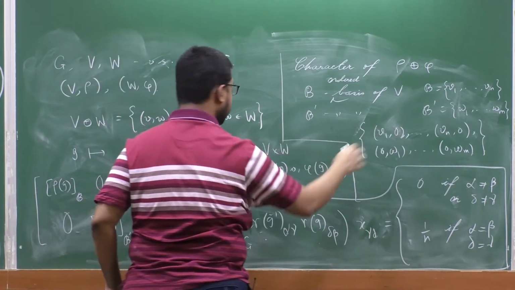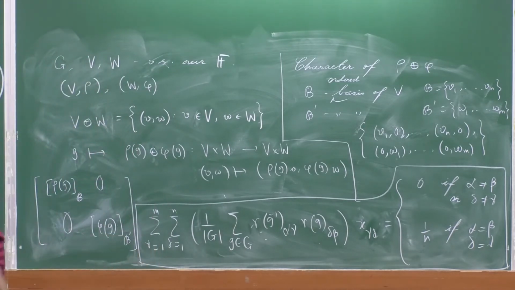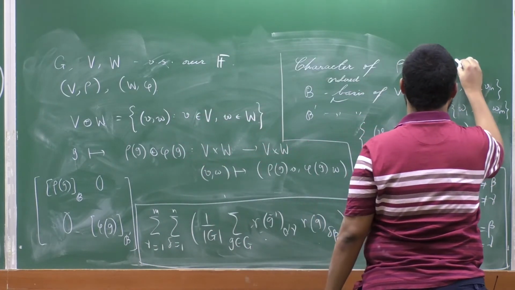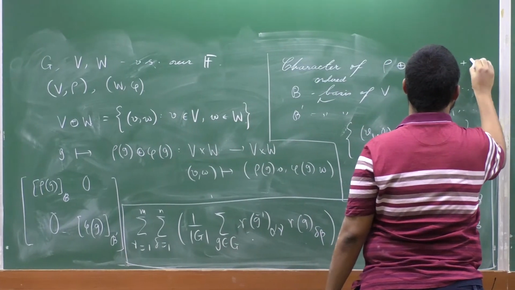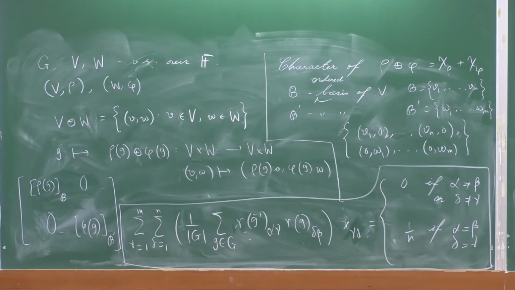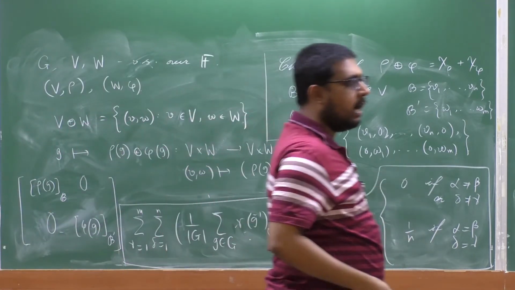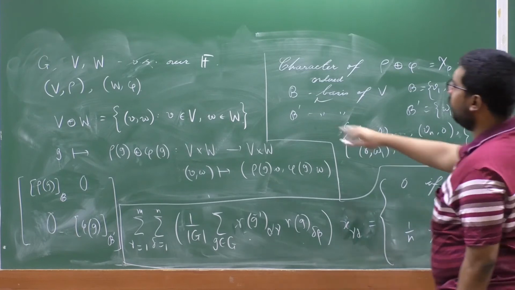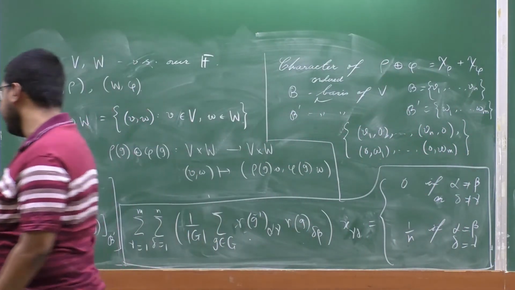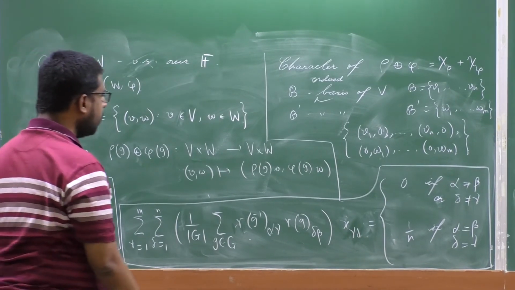Similarly, for the last m components we are going to get 0 here. That immediately shows that the character of this is going to be the sum of the characters. Therefore, under the direct sum of representations, characters simply add up, and we do not have to stop with 2, we can continue for any finite number of representations.